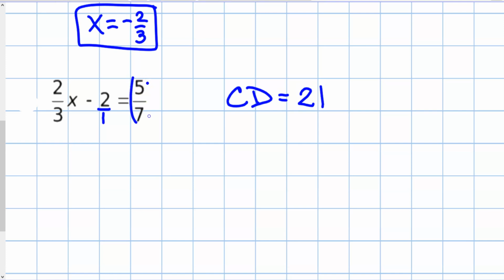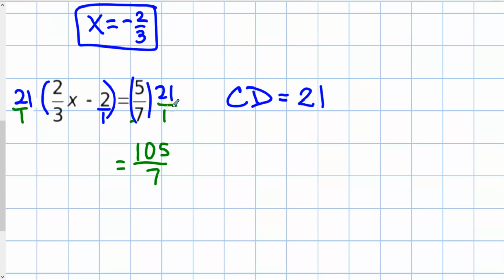So I'm going to multiply this side by 21 and all of this side by 21. Okay, 21 times 5 is 105. Oops, first write them over 1. And then 7 times 1 is 7.